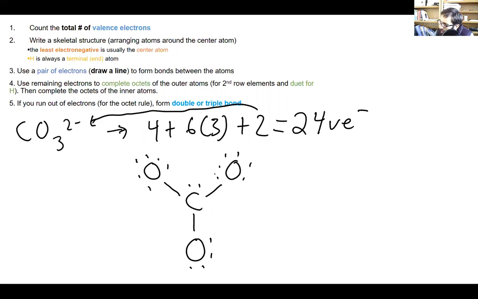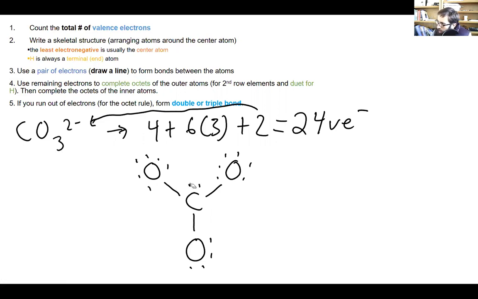We already saw that carbon is good. This oxygen is looking weird. It's only got 2, 4, 6 electrons, not an octet. These have 2 in the bond, 4, 6, 8. This one looks the same, 2, 4, 6, 8. So those ones are good. This one's messed up. We ran out of electrons, so we're going to have to form a bond here.